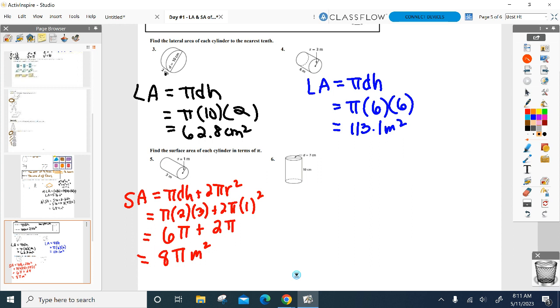And then how about 6? Diameter, they tell me, is 7. Height, I can definitely tell the height. Connecting the bases is 10. Plus 2 pi. Make sure you don't plug in 7 again. That's my worry. It's the radius now. 2 pi r, 3.5 squared.